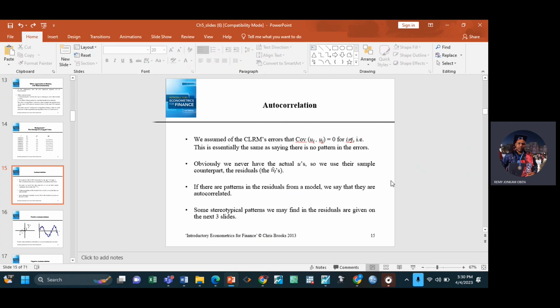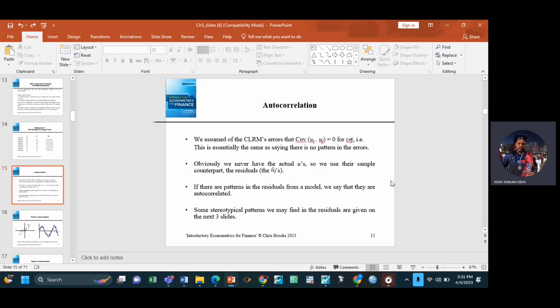So how can we detect autocorrelation? Guys, I know everything seems very boring, I can see from your faces, but what I want to tell you is that for each of these problems, try to know 4 things. Number 1, try to know how to detect it, that is how to test for it.